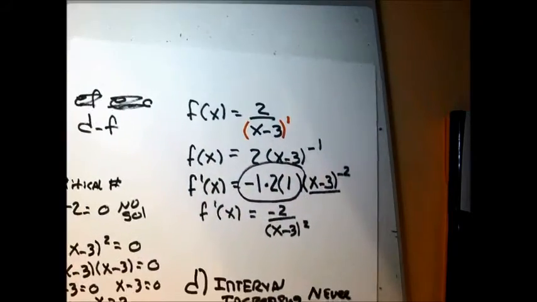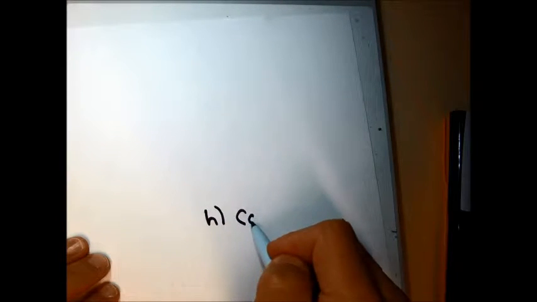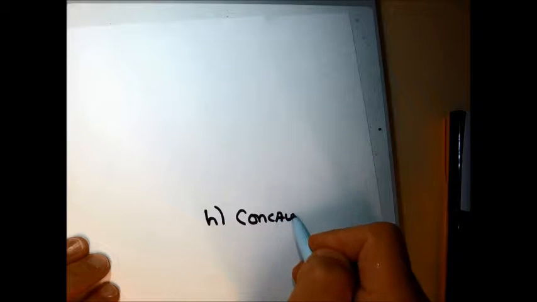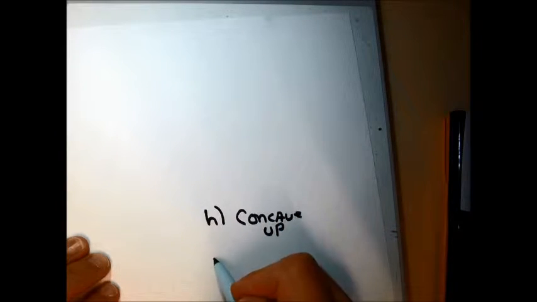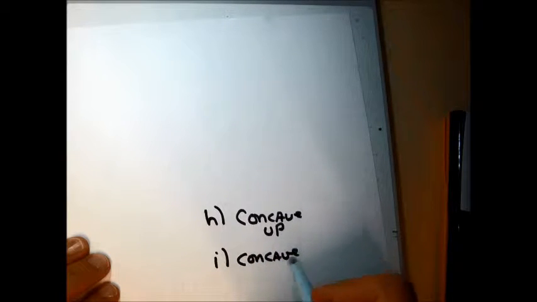So that's H, I, and J. For H, it's where the graph is concave up. I, it's where the graph is concave down. And J are the inflection points.